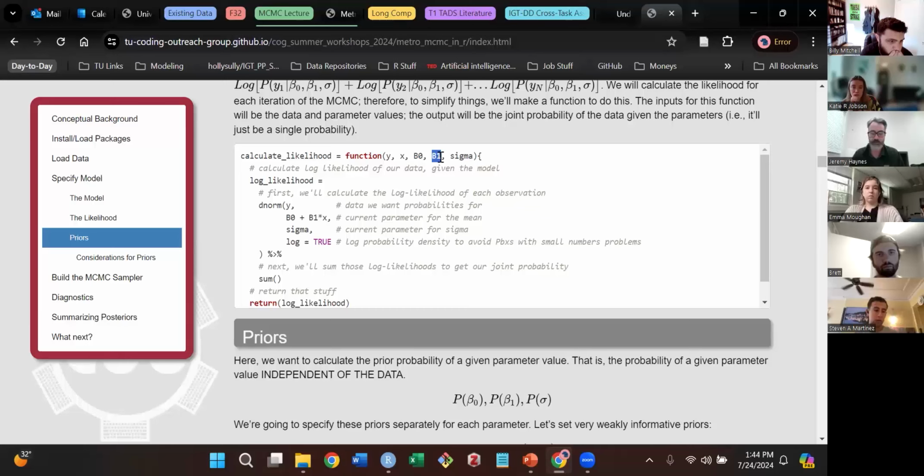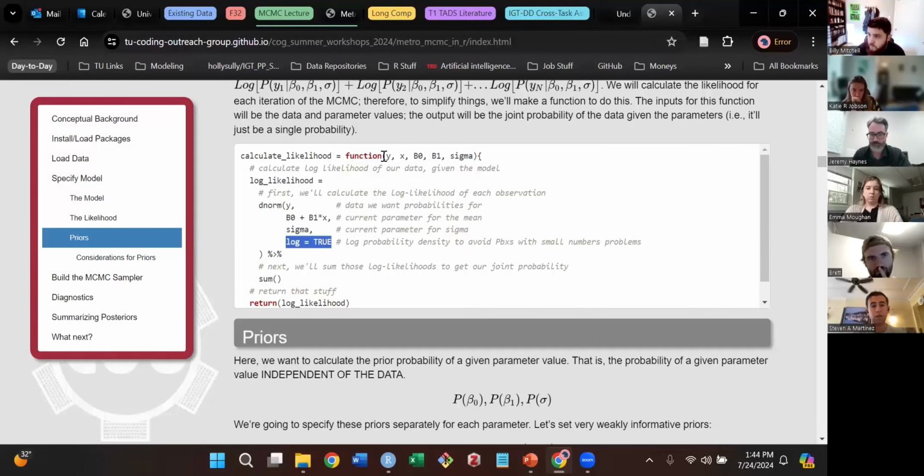Likewise for the slope coefficient and our standard deviation. And again, we're using the dnorm function. So we're passing our data that we want probabilities for. Again, we're using the predicted value as the mean here. So we're doing our intercept plus the slope coefficient times the predictor with standard deviation of sigma, and then we're specifying log equals true.